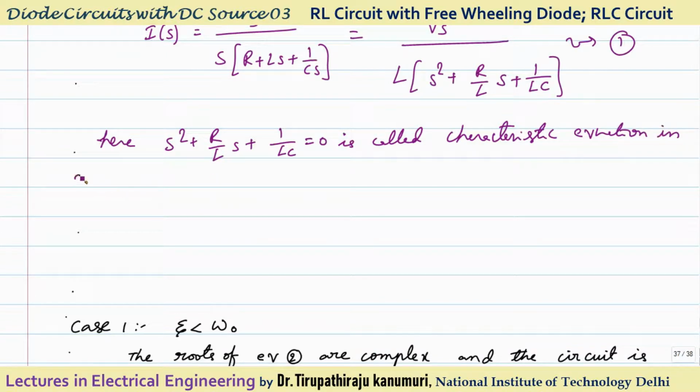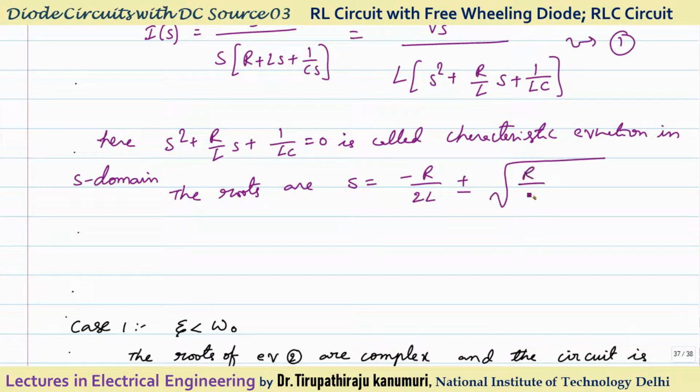in the S domain, and the roots will be S is equal to minus R by 2L plus or minus square root of R by 2L whole square minus 1 by LC.